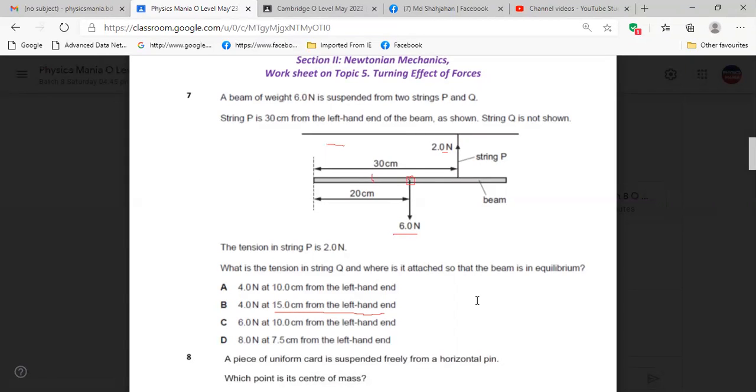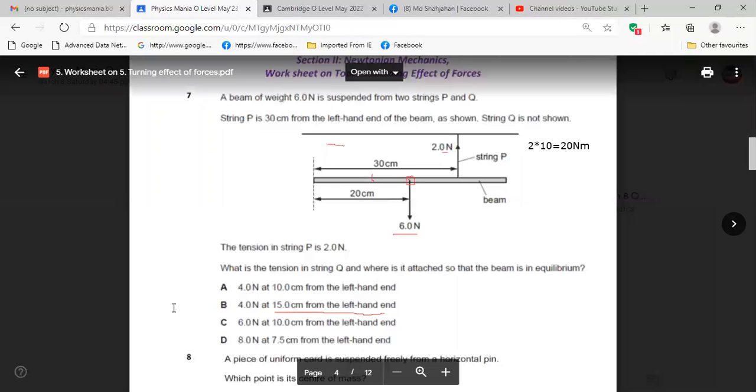We should identify the pivot first, then we can get the clockwise and anti-clockwise movement, right? In the first condition we got 4 Newton, but for the second condition, clockwise and anti-clockwise movement, we need the position of the pivot, right? So the answer is B.